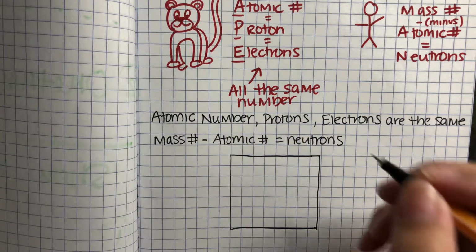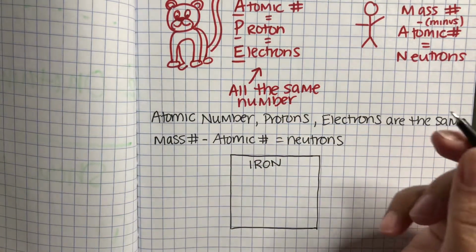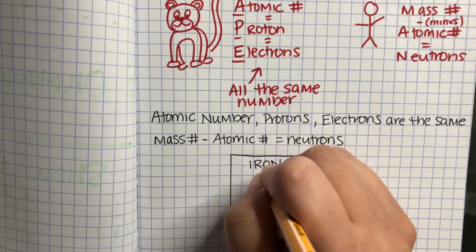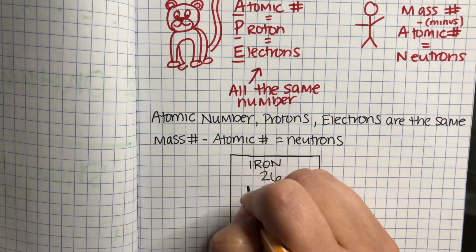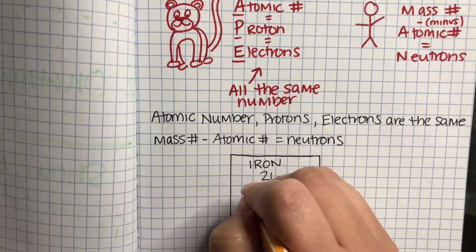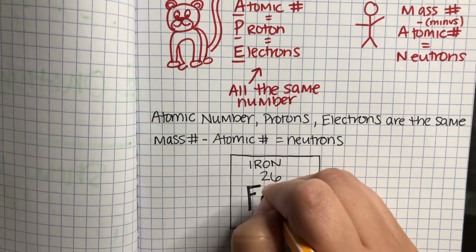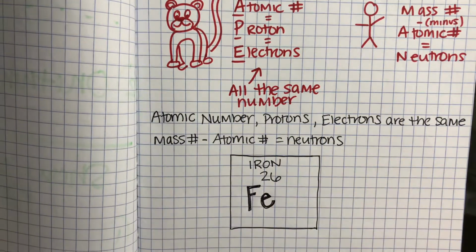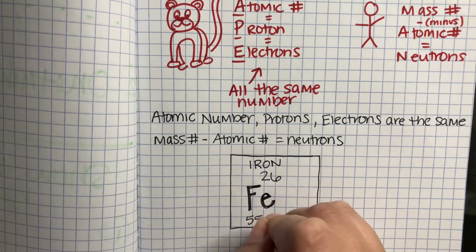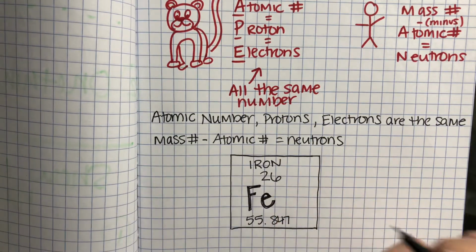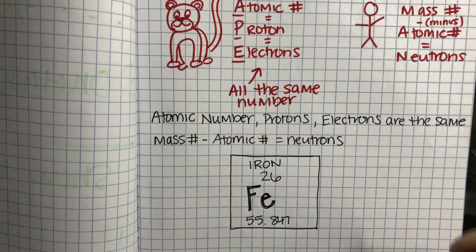Okay, so the example that we're going to use is iron. And keep in mind, some of these numbers and stuff can be in different spots, but they'll generally be in the same location. Okay, so we are going to label each of these parts.